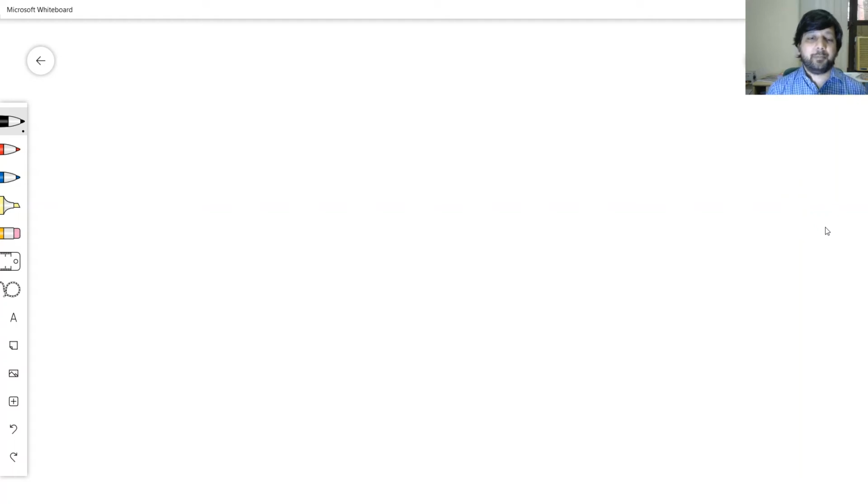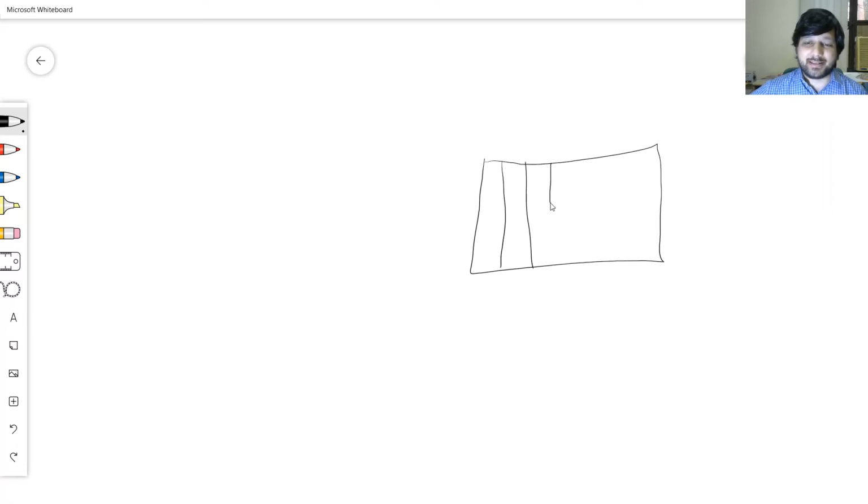Okay, so welcome back to the lecture, and today we'll be just solving our very own problem. And this problem, as you know, is a representative or a toy version of any such problem. So I've got a grid like this.